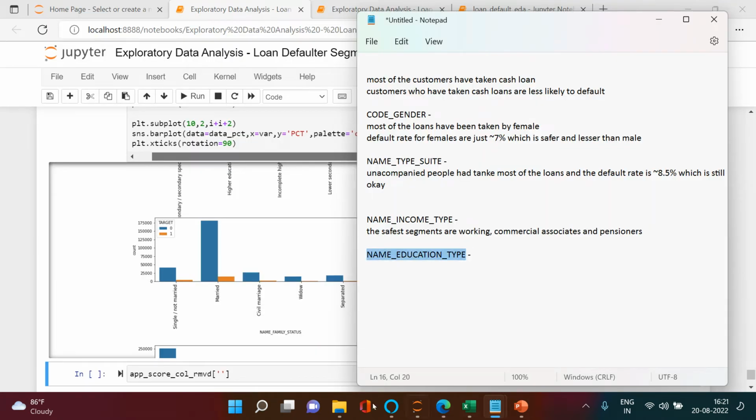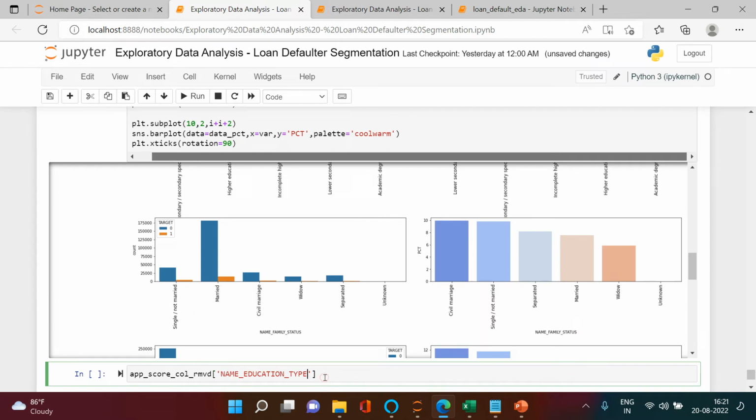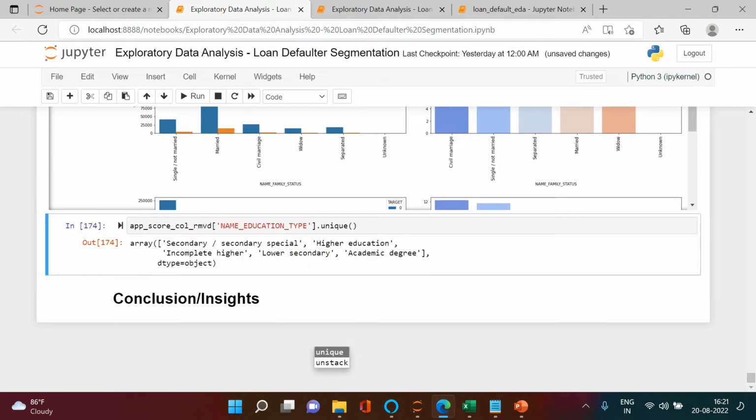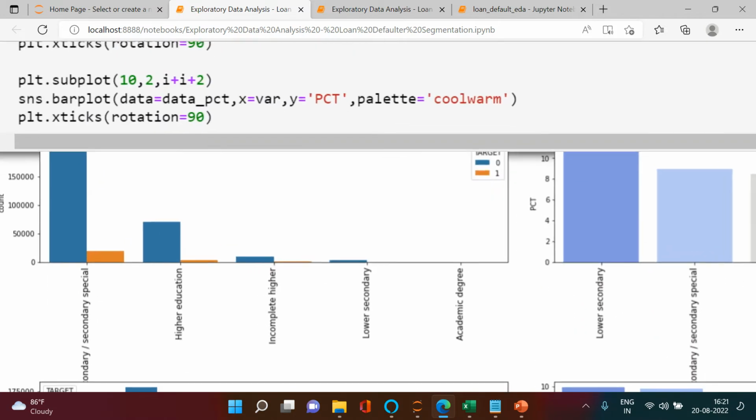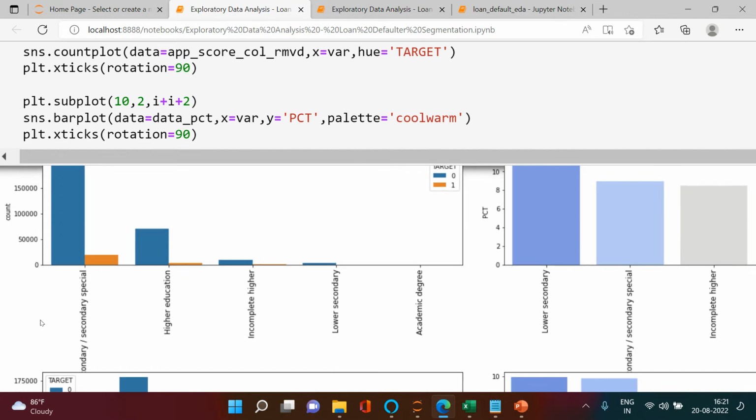We just want to see what all values it has, so you can say unique values. Let's run this. It's taking time. Here is what we got: secondary or secondary special, higher education, incomplete higher education, lower secondary, and academic degree. These are the values which we have over here, right? Now again, let me make it a little bigger. So here it is nothing but the secondary or secondary special.